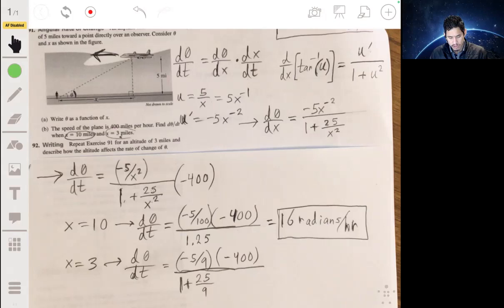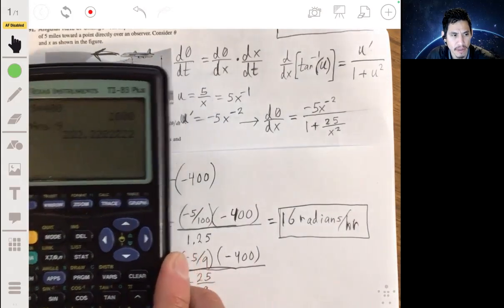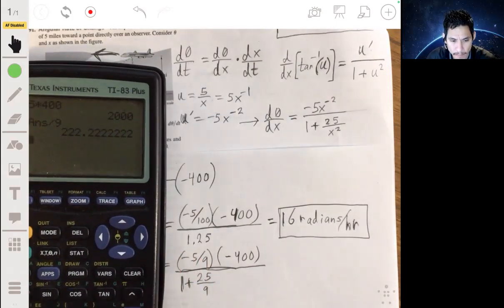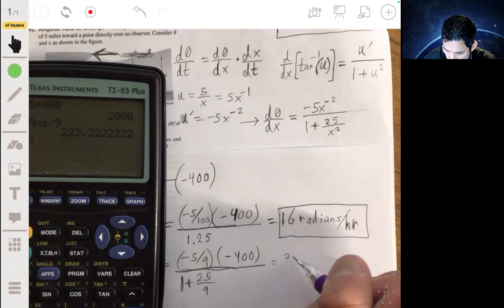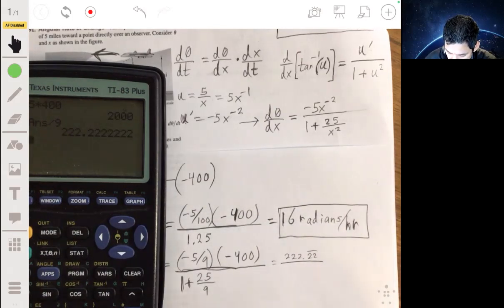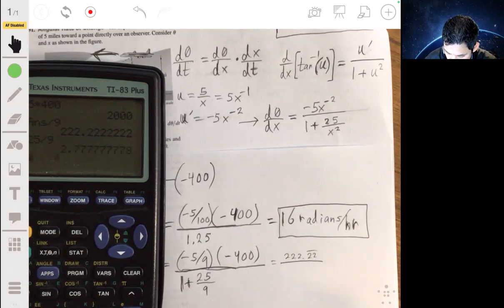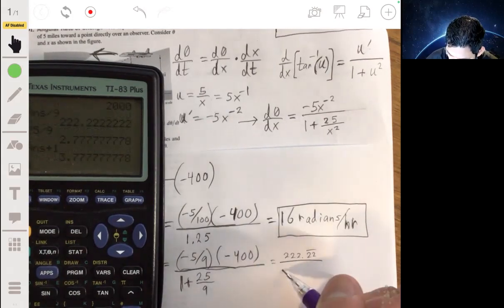So 5 times 400. We're going to get this on top. And 1 plus 25 over 9, 25 divided by 9 plus 1, with that on the bottom.